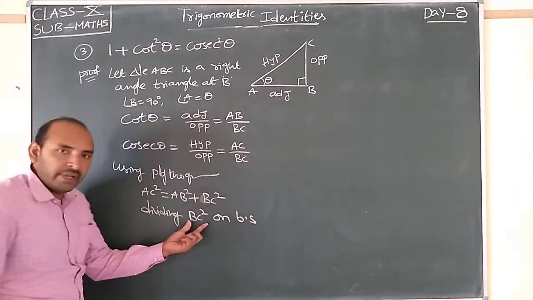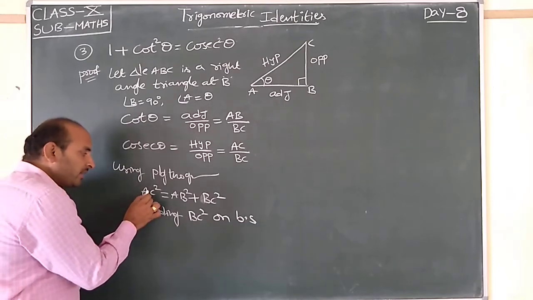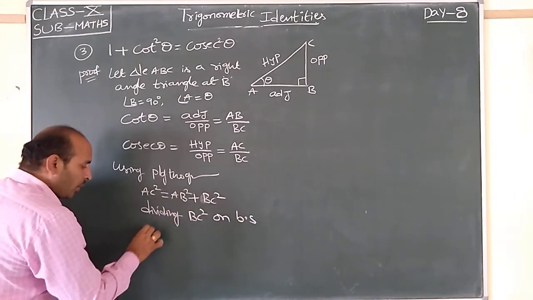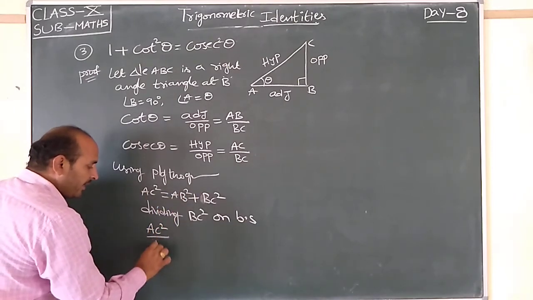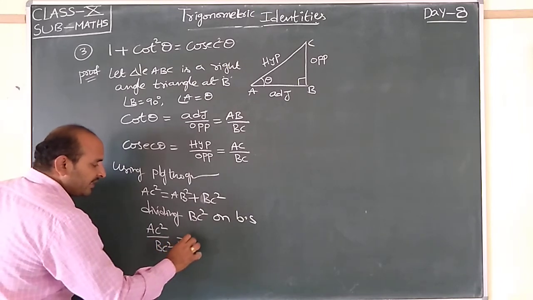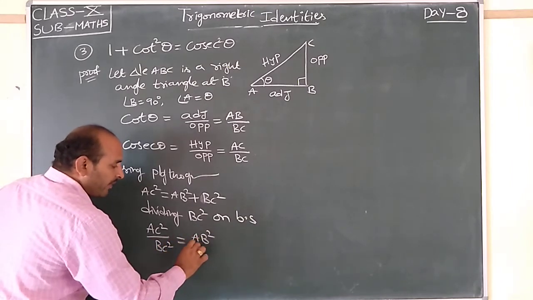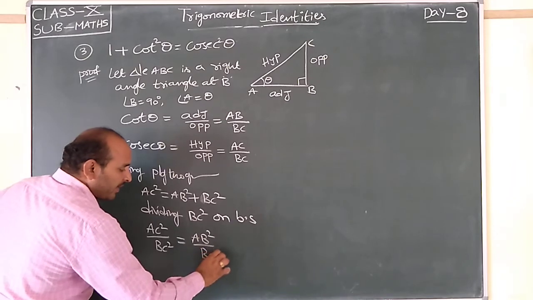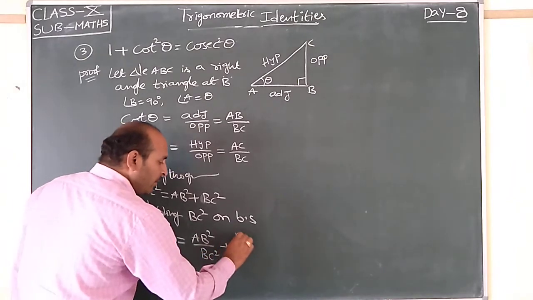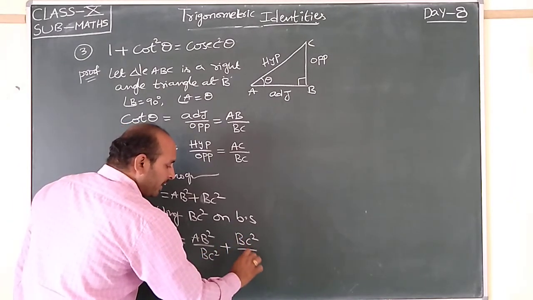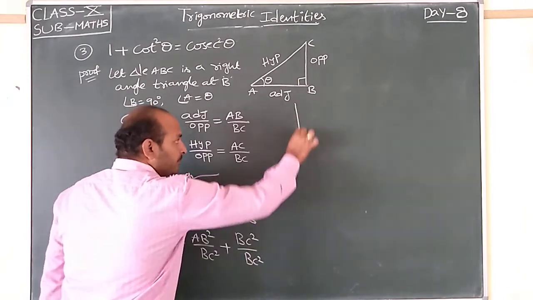That means dividing each and every term by BC square. So AC square divided by BC square is equal to AB square divided by BC square plus BC square divided by BC square.